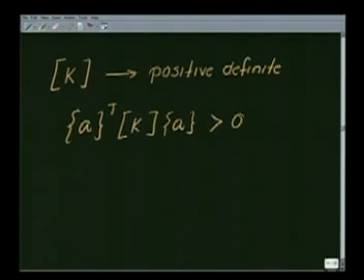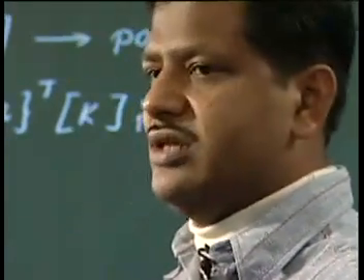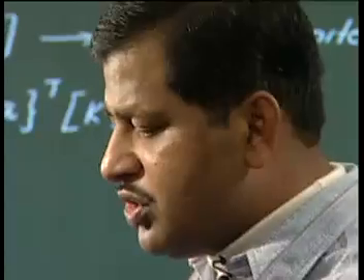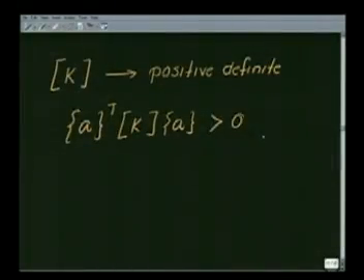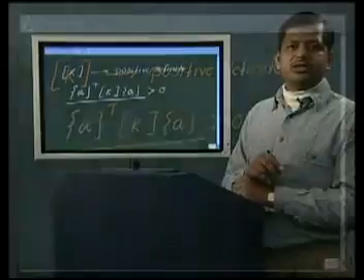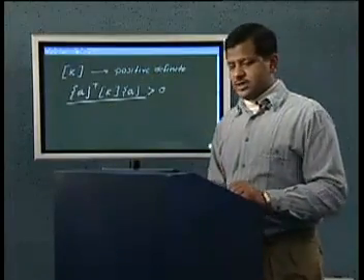And for a structure, we know that the strain energy cannot be 0 or negative unless the structure is subjected to a rigid body motion. Here we don't have any rigid modes, which means that for any A which is non-trivial, this is greater than 0. Why do we need this positive definiteness of the matrix?